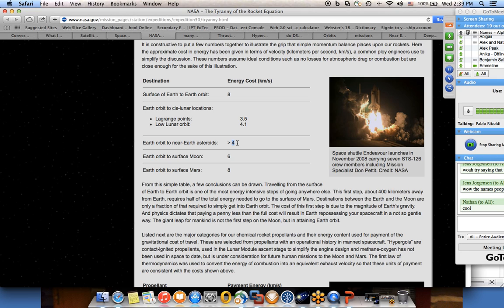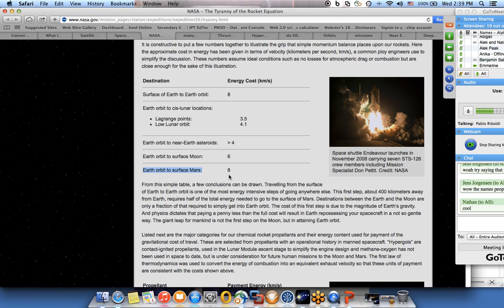That would allow you to get out of Earth orbit and onto the next place. If you want to go from Earth orbit to Mars, you need to go 8 kilometers per second more, so 16 kilometers per second.